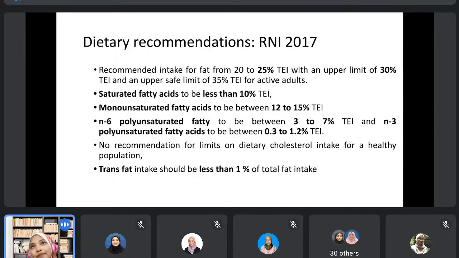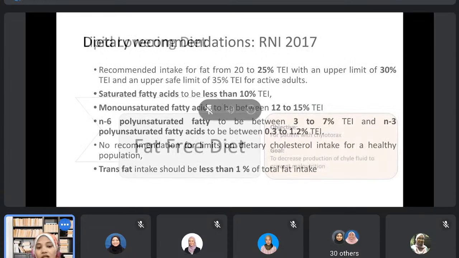So saying that there is no limit, but however kita tetap perlu educate the public about how much for a certain food contain cholesterol. Sebab kita tak nak they are all over consume of this cholesterol in the diet. Okay, and then trans fat should be less than 1% of the total fat intake.